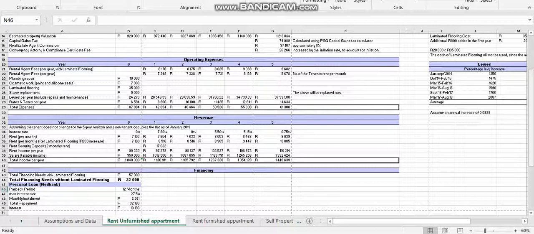The stove, I opted to replace the stove in the first year to avoid further damage and any complaints from the tenants.